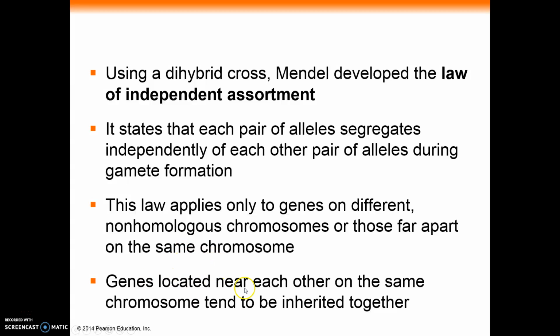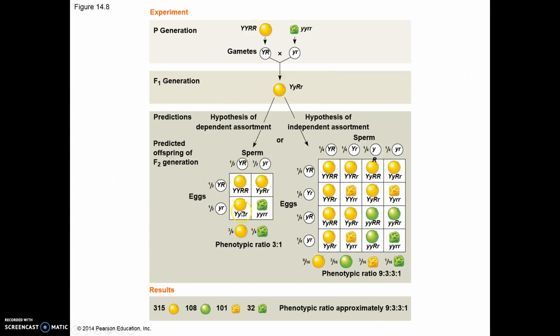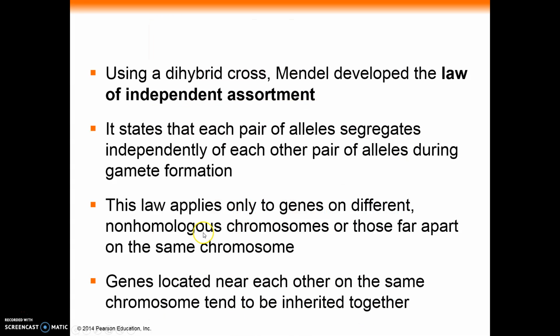So, genes located near each other on the same chromosome do, in fact, tend to be inherited together and show a dependent assortment. But most of the time, independent characteristics are independently assorted.